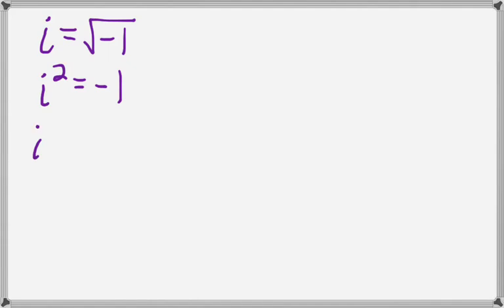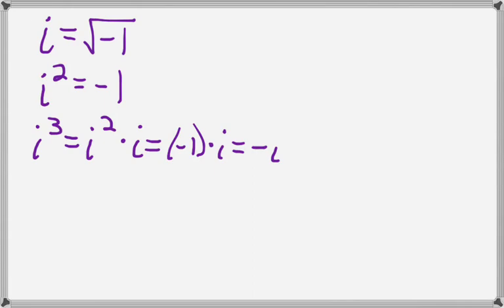So let's say we want to cube i. Well, i cubed is the same as i squared times i, since i squared times i to the first, 2 plus 1 is 3. So we've got 3 factors of i on both sides there. So i squared is -1, so that means we have -1 times i, which we could write as -i.